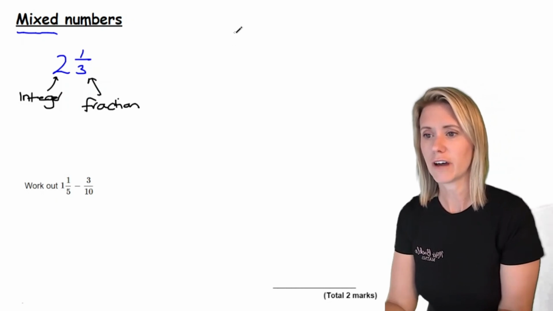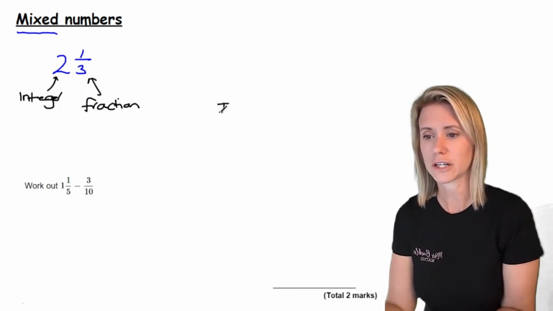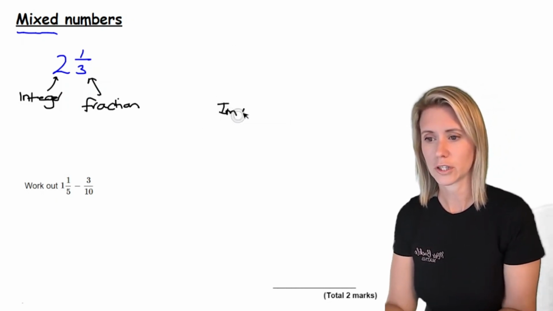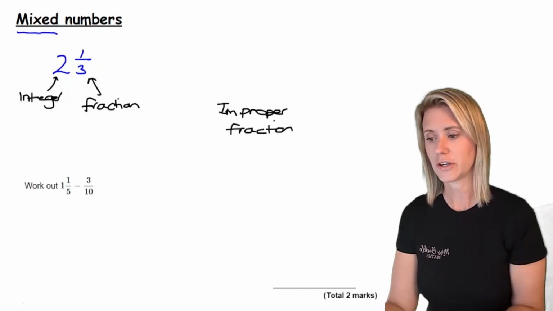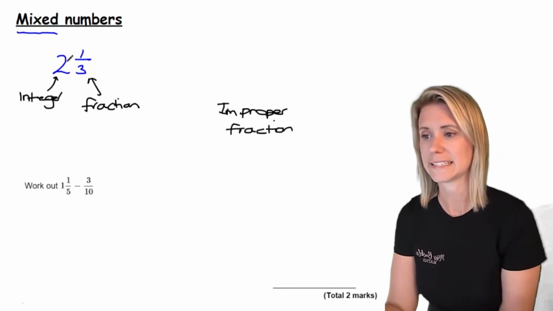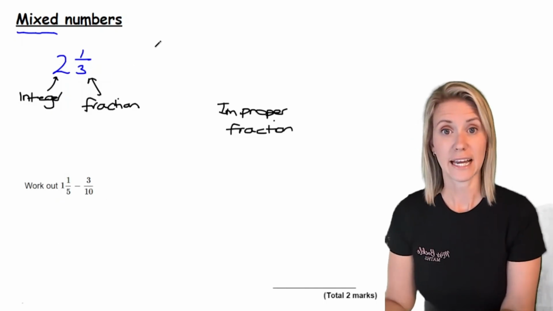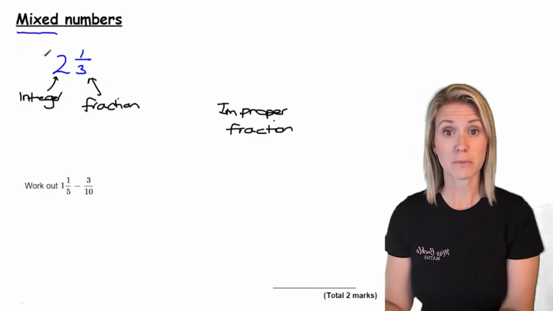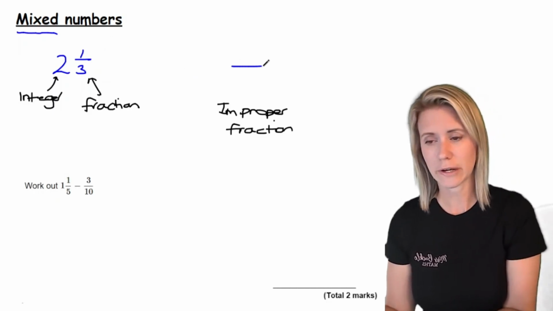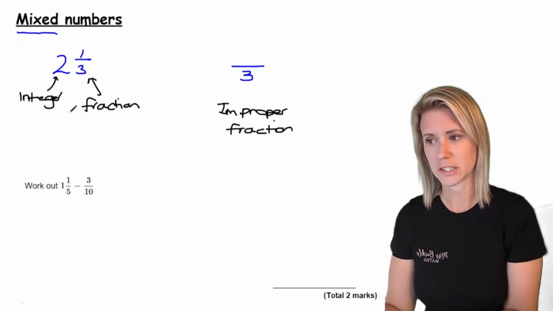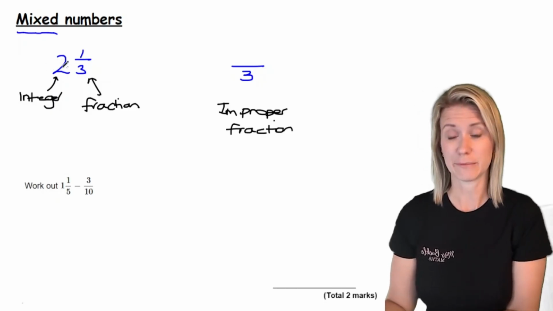Now, you need to convert them into an improper fraction before you move on to answer these questions. The numerator is bigger than the denominator. 2 and a third, how do we convert them? Keep the bottom number, keep the denominator the same. It's still going to be in thirds. That's really important. Now, what is 2 in terms of thirds?